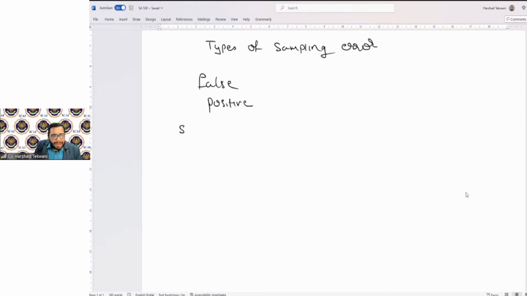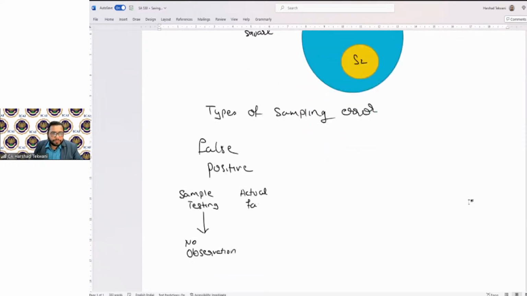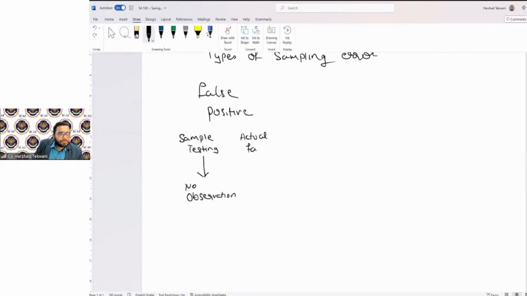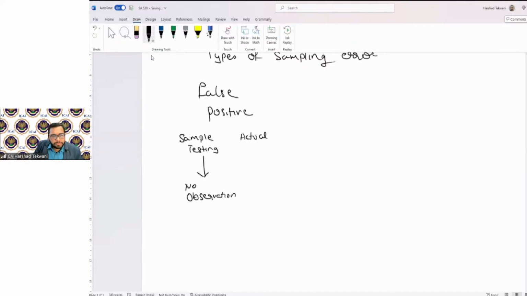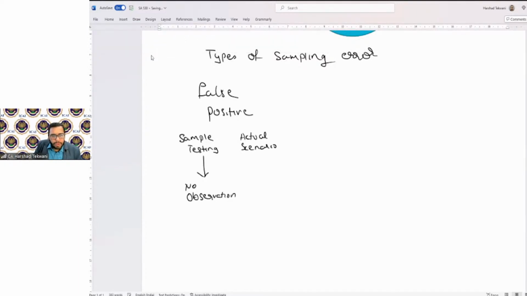Your sample testing shows no observation, but the actual scenario says yes, there are observations. So that's the false positive.